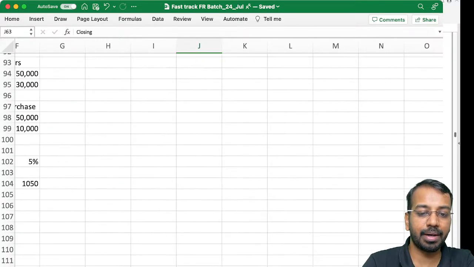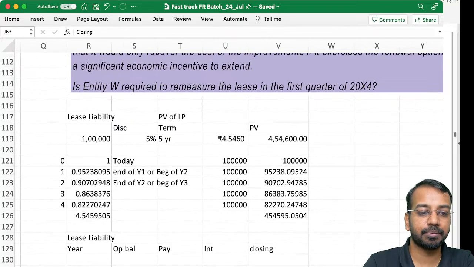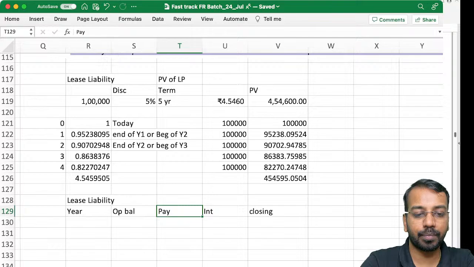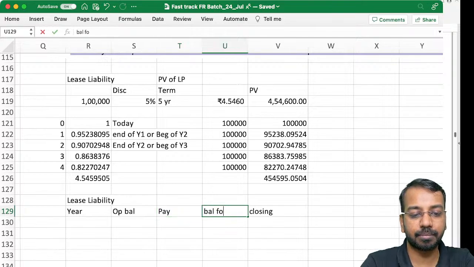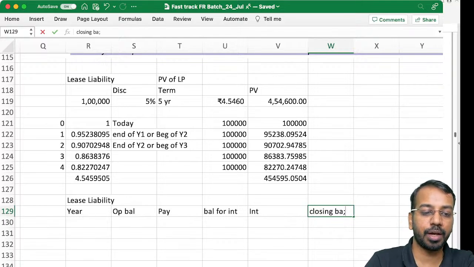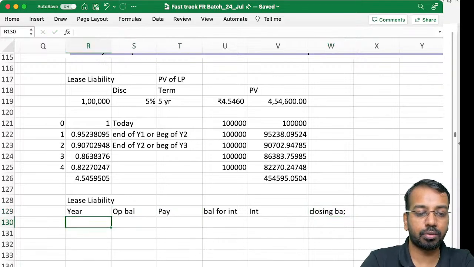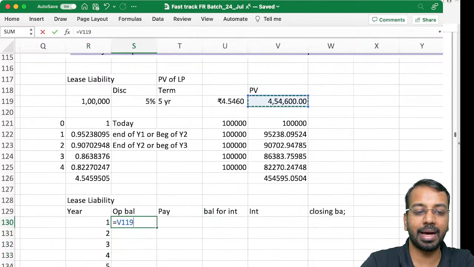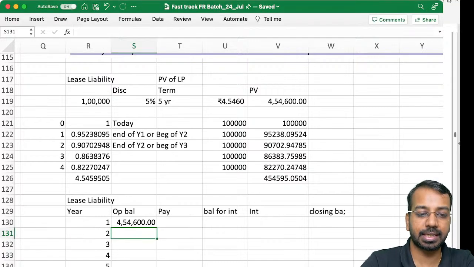Now whenever we have payments in advance, what we need to do is take opening balance, payment, balance for interest, and closing balance. Okay, so year 1, 2, 3, 4, 5, beginning balance is 454,600.